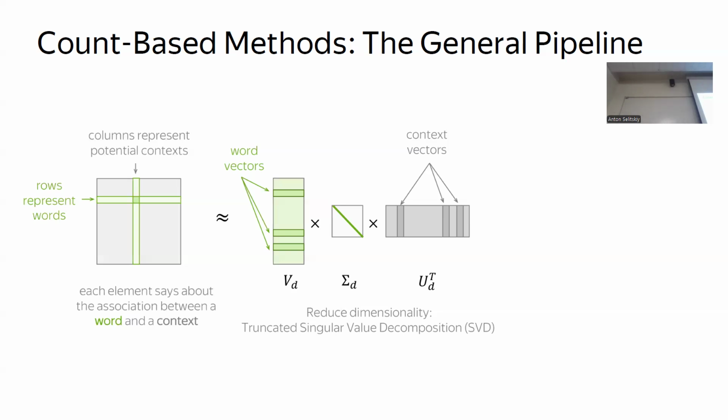Then this matrix will represent the central words, and this matrix will represent the context words. So we actually get a matrix decomposition, and this is one way to create word embeddings better than one-hot encodings.